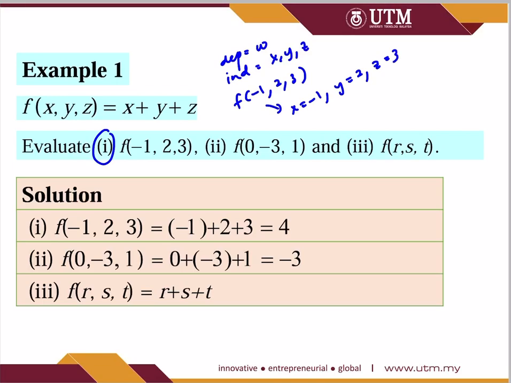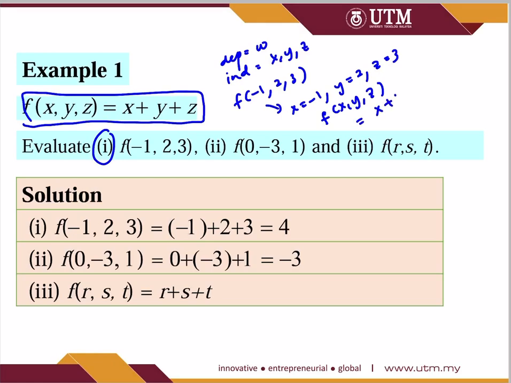We just substitute into the function. Let's say F(X, Y, Z) is equal to X plus Y plus Z. Therefore, we substitute: X is minus 1 plus 2 plus 3. So we will obtain 4. That is for the first one.